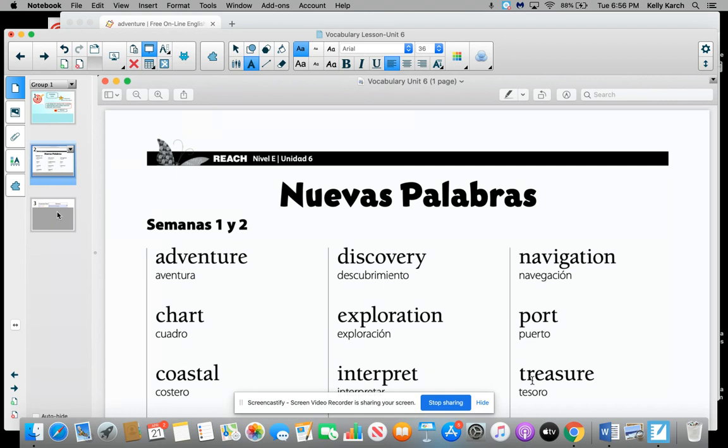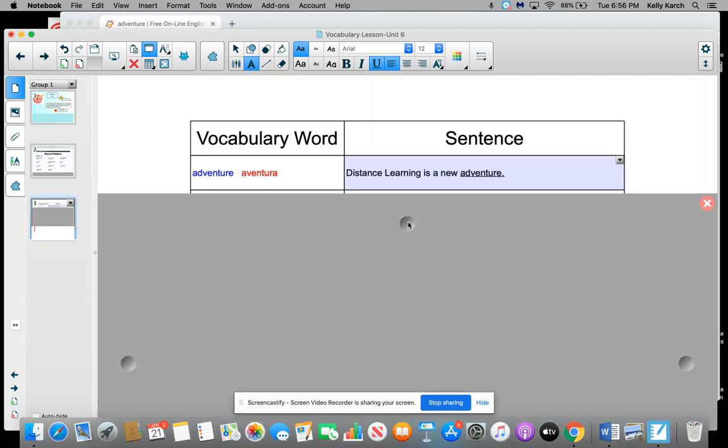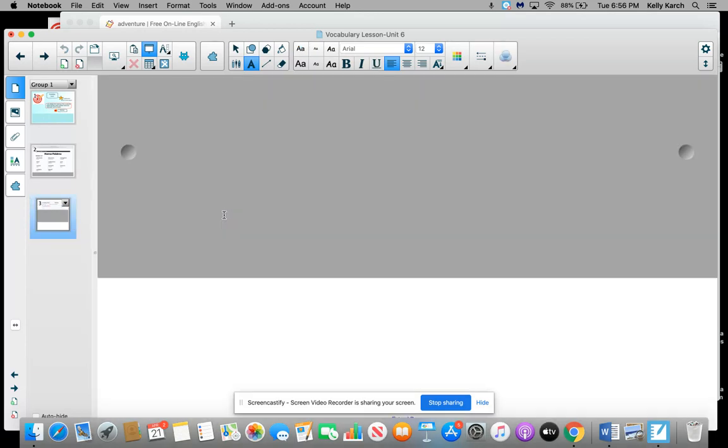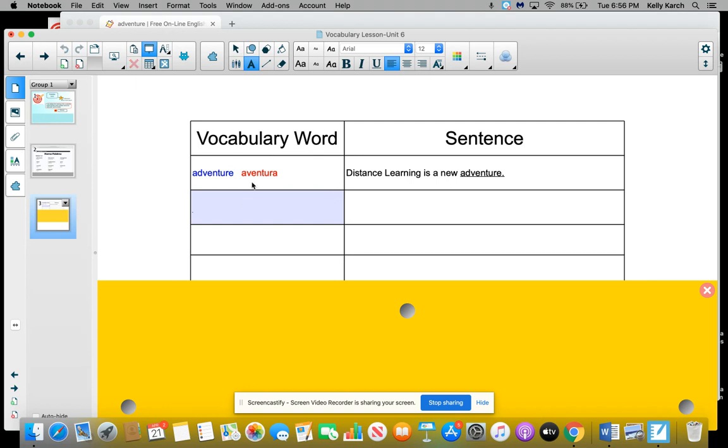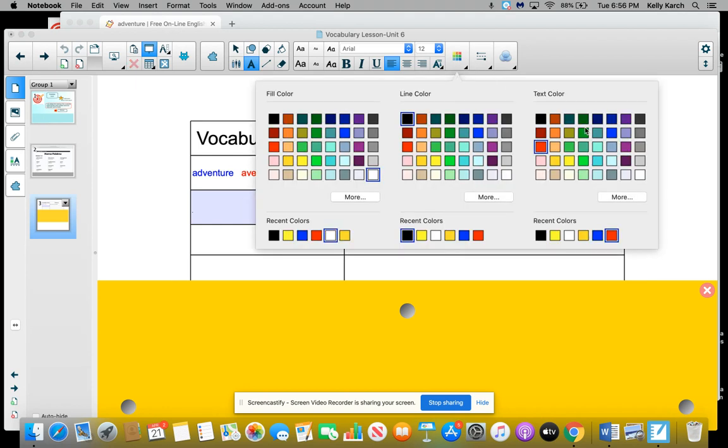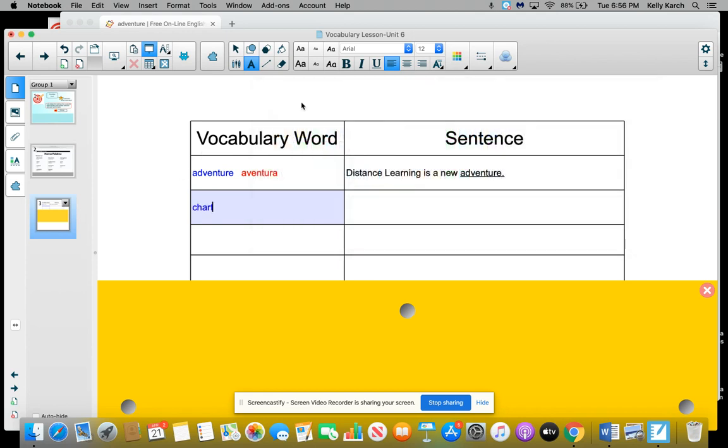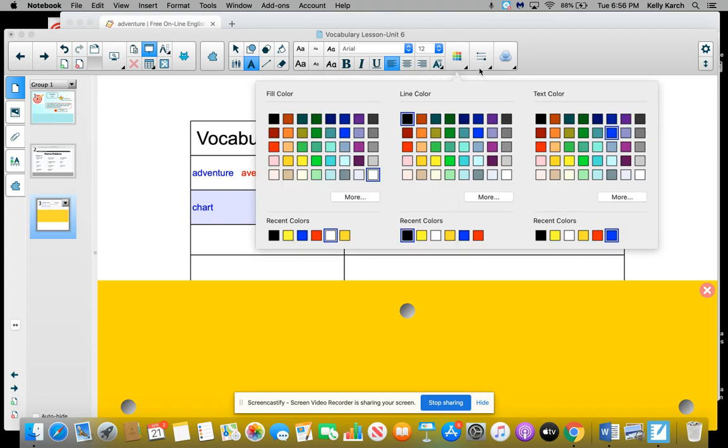So let's go to our list here and we will write our words in English and Spanish. First in English in blue, chart, and then in Spanish in red, cuadro.